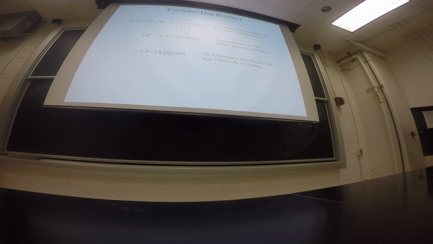In order to multiply them together, they have to have the same dimensions. So let's say A is a 3-row by 1-column vector. B is the same.